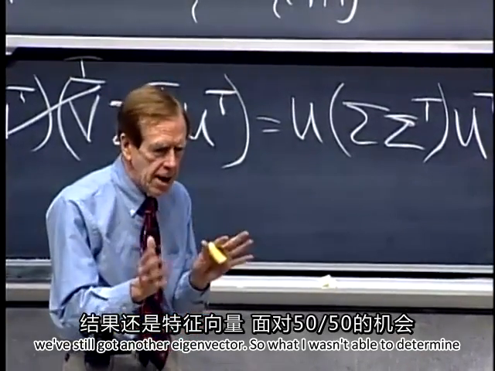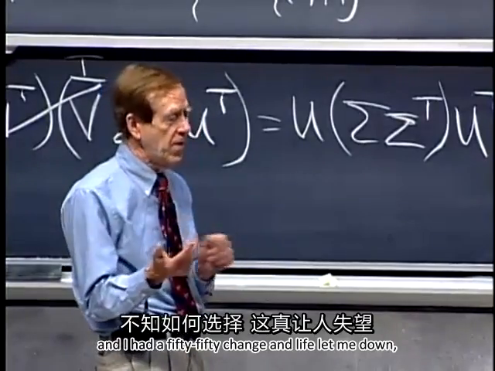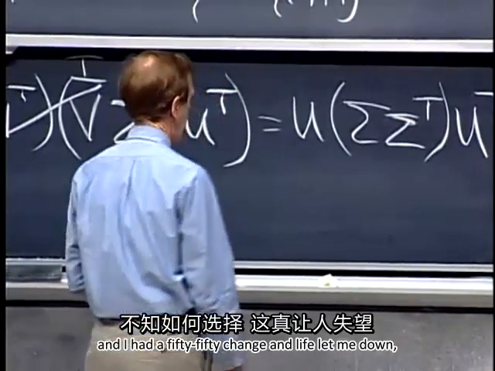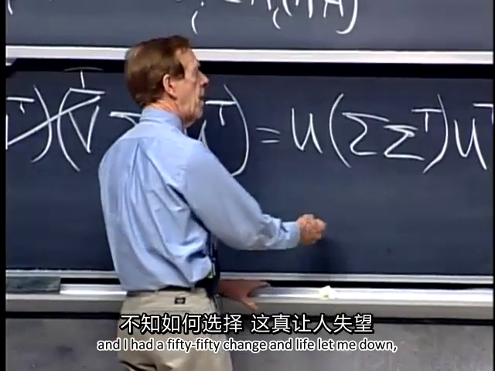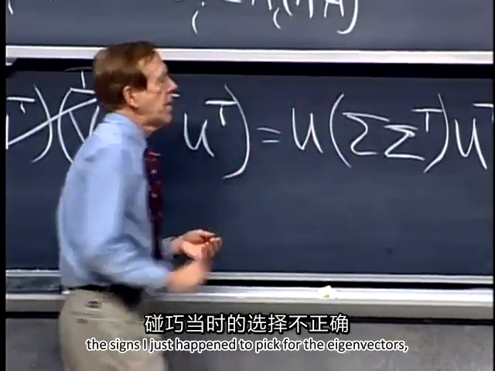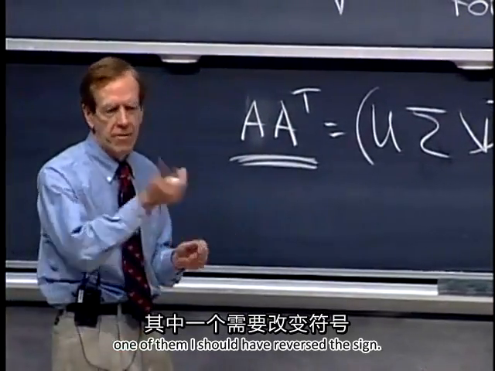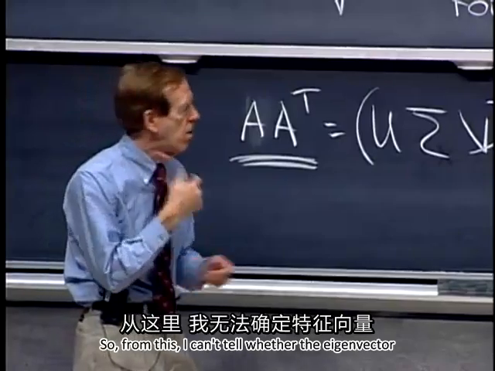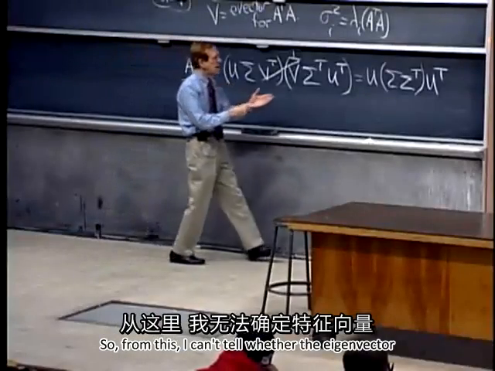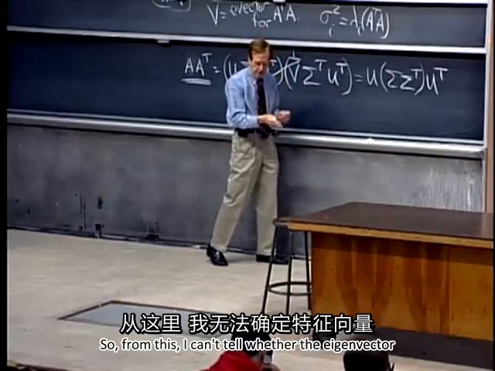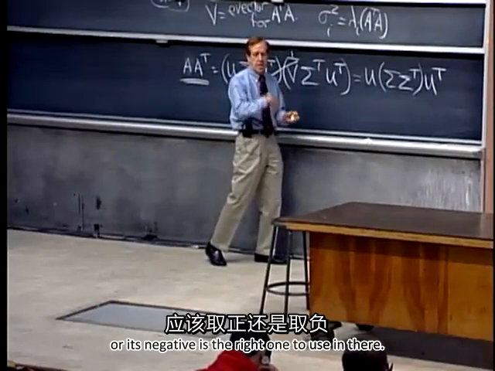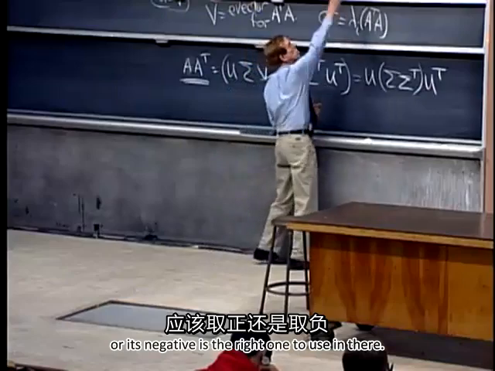So what I wasn't able to determine, and I had a 50-50 chance, and life let me down, the signs I just happened to pick for the eigenvectors, one of them I should have reversed. So from this, I can't tell whether the eigenvector or its negative is the right one to use.